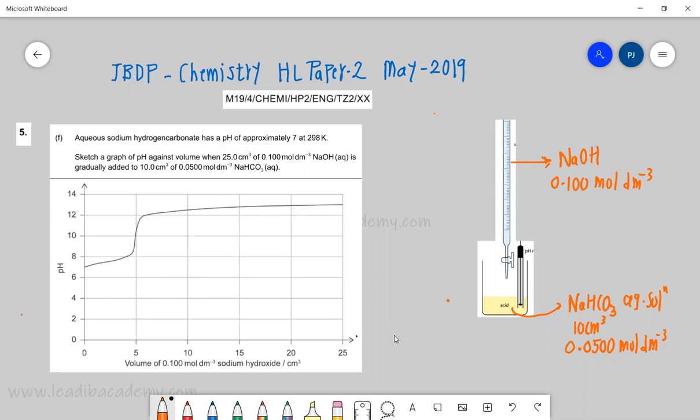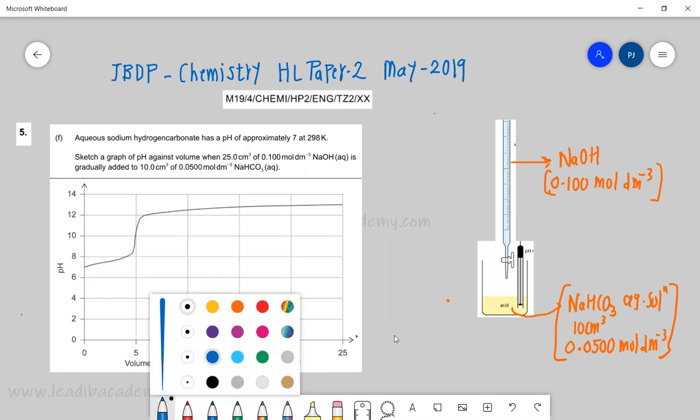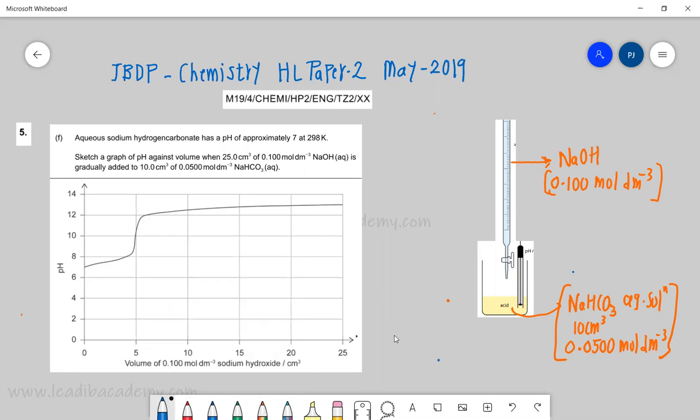So first understand what we are trying to do: we are adding this NaOH to NaHCO3. What is the specialty of this? NaHCO3 we have already seen is a weak acid, and NaOH is undoubtedly a strong base.